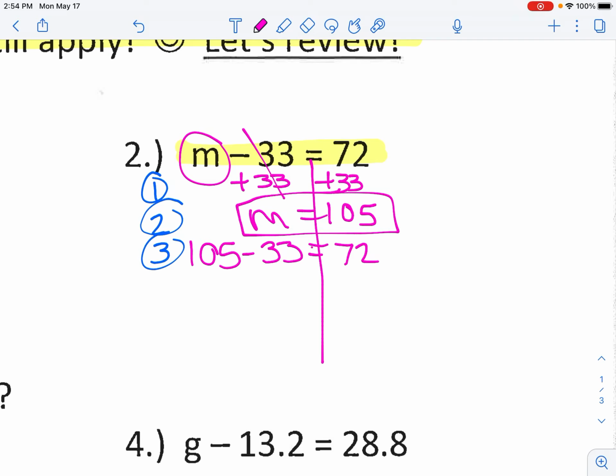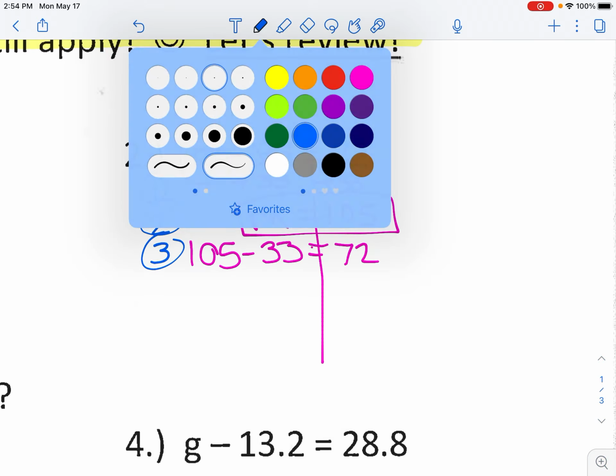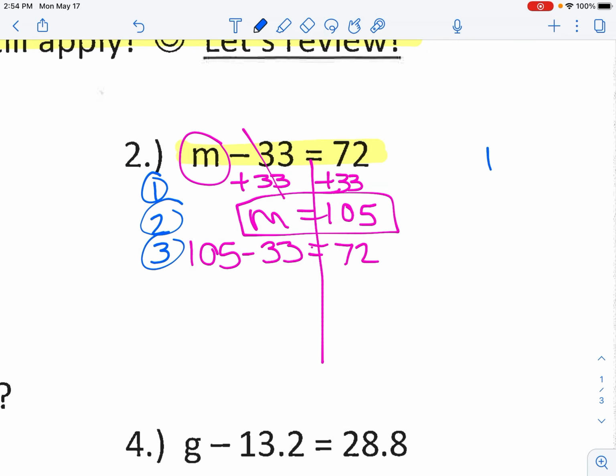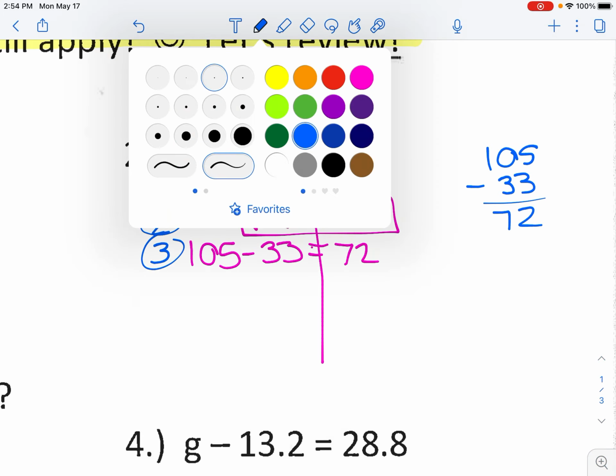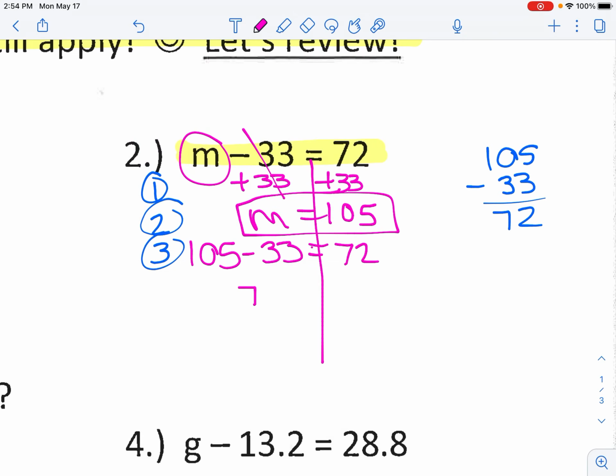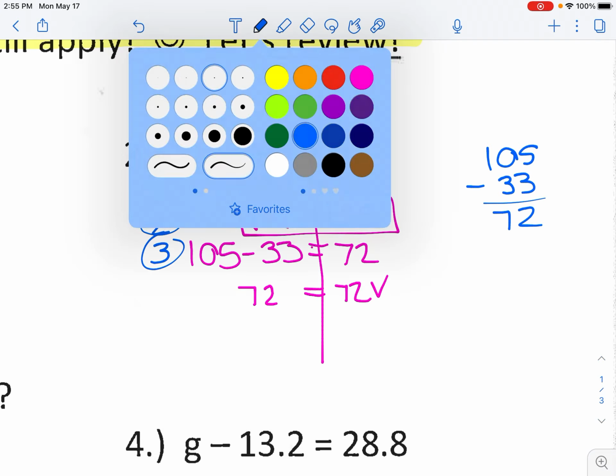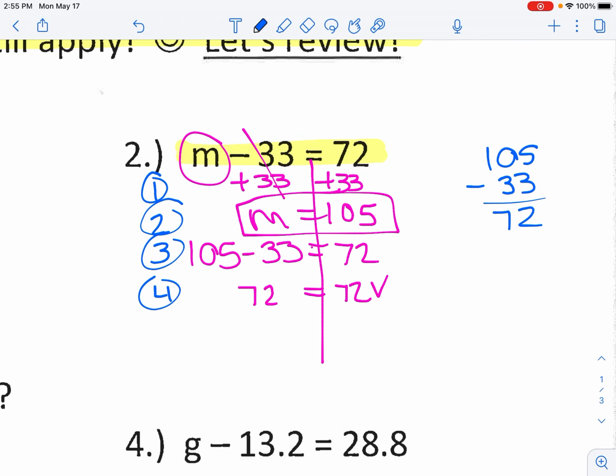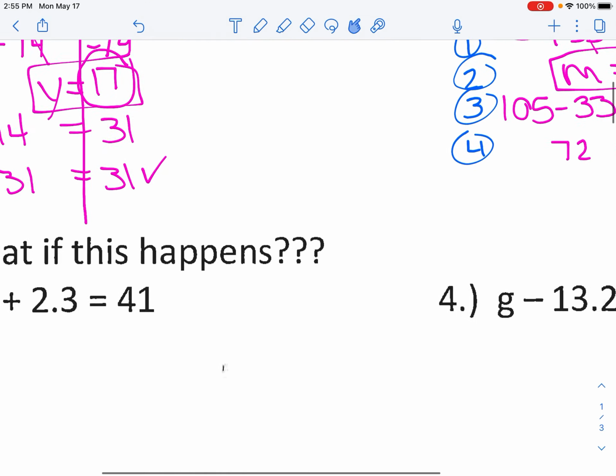Now remember, yesterday I said if you have a 3-digit number, a fraction, or a decimal, you have to show your work out to the side. So I'm going to slide over here and show my math for 105 minus 33, and that equals 72. So now I can say 72 equals 72, check. And always count and make sure you have your 4 lines.